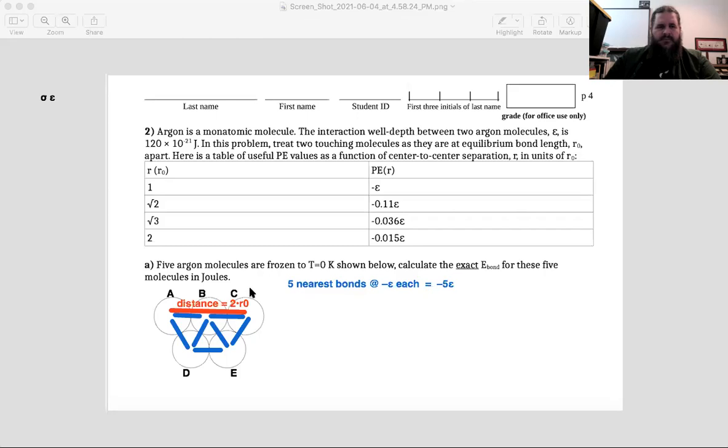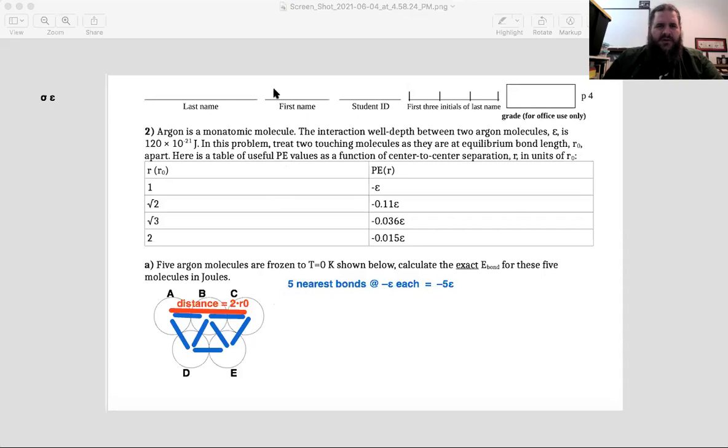Maybe like A to D? Oh, wait. No, sorry. I got confused. Never mind. C to D. Is C to D the same distance? It doesn't look exactly like linear. Yeah, that looks like a little bit closer. In fact, you can often tell more easily by drawing out circles.